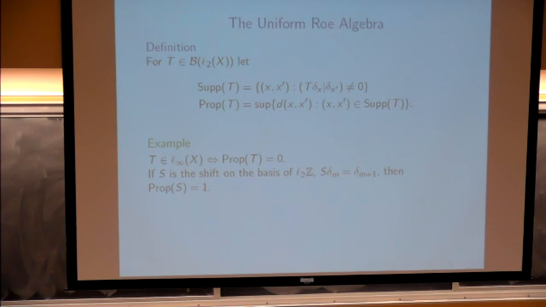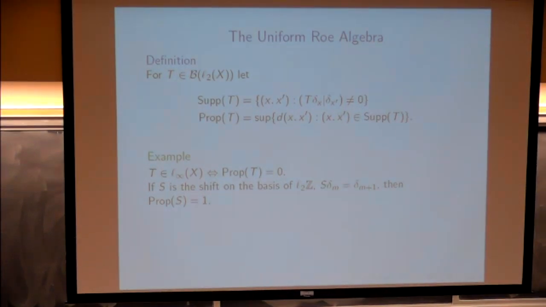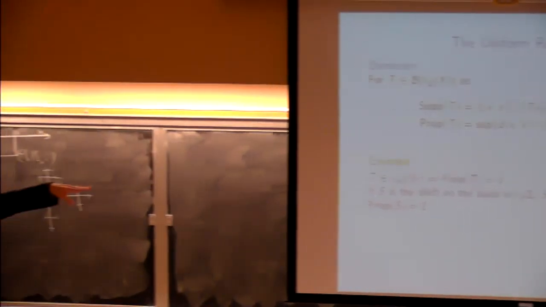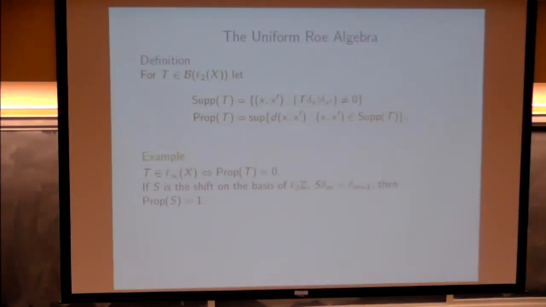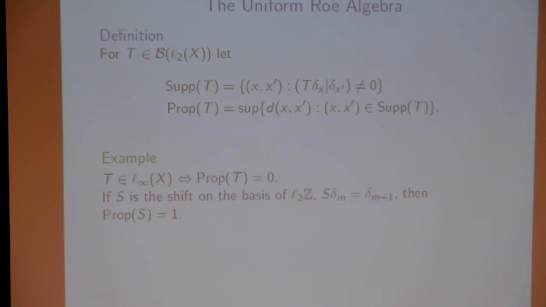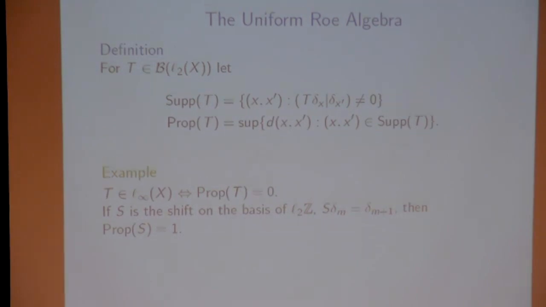Okay. And now the plan is to start from a metric space and associate an operator algebra to it. And here it is, the uniform Roe algebra, named after John Roe, who unfortunately died in March this year. For an operator T, again think of T as a big matrix, its support is the set of all pairs x, x prime such that the corresponding matrix coefficient is non-zero. And the propagation of T is the supremum of distances between elements of pairs which are in its support.